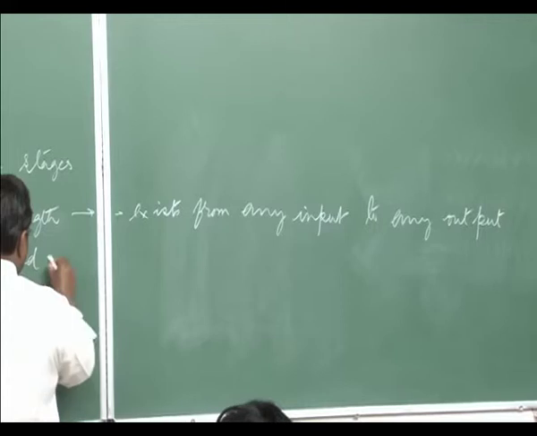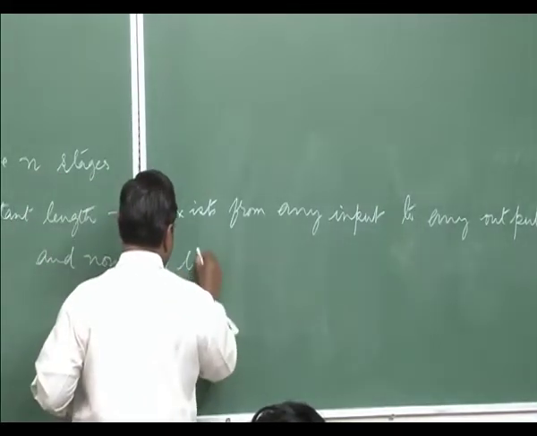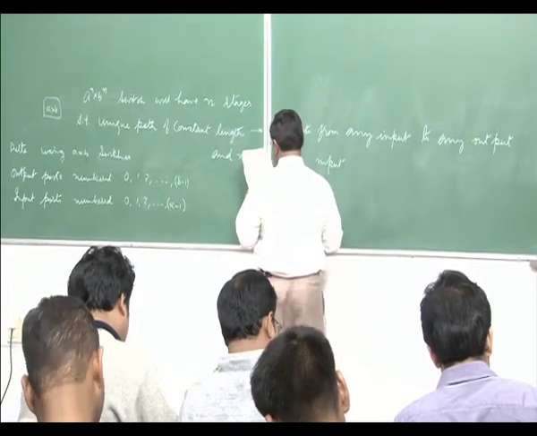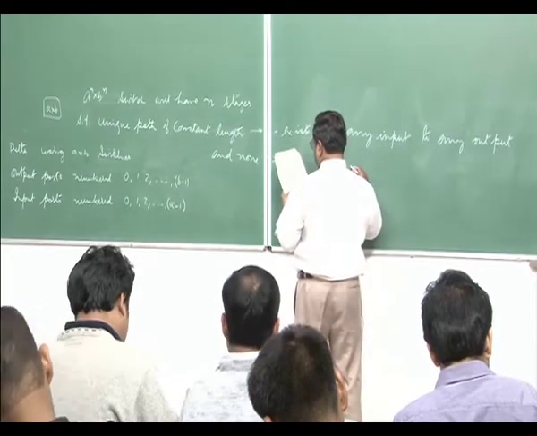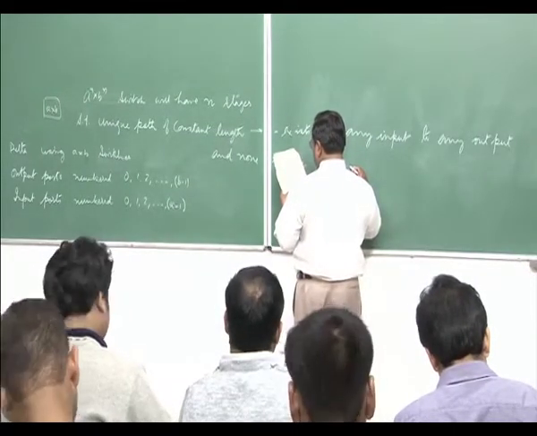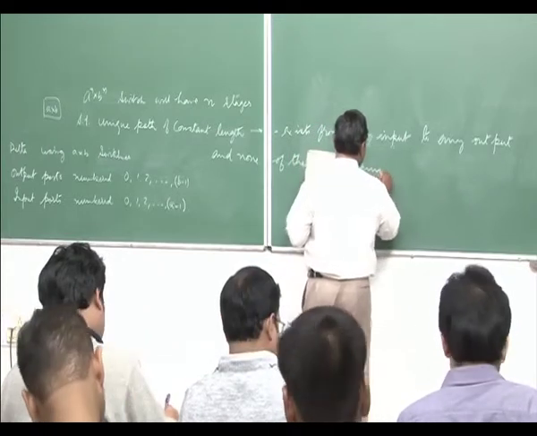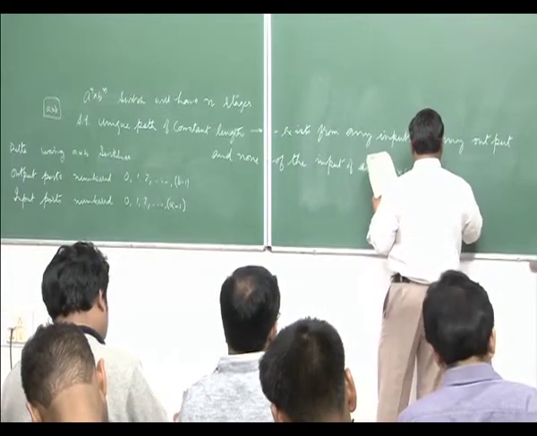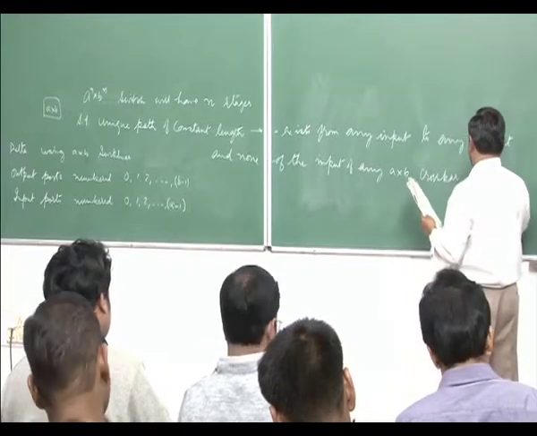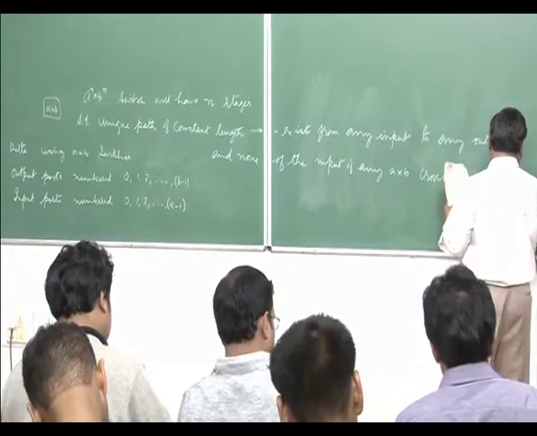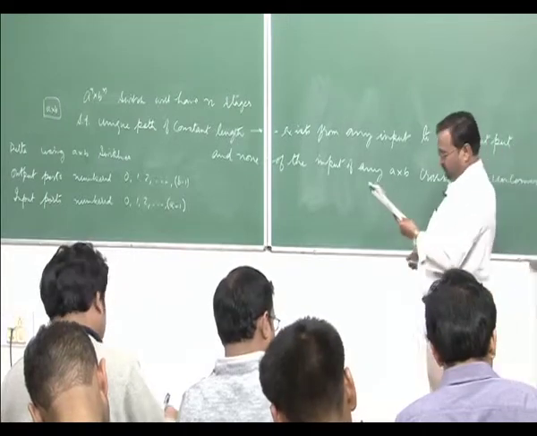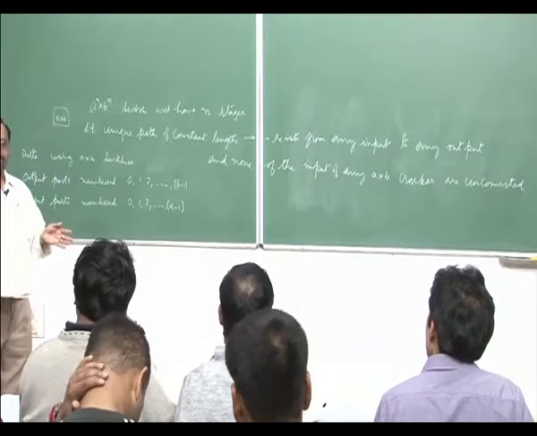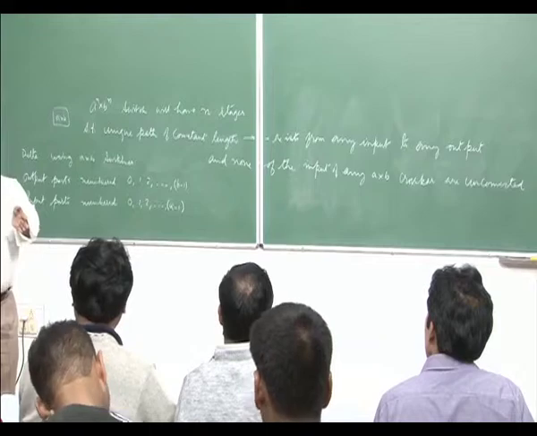And none of the inputs of any A by B switch, or I call it crossbar, are unconnected. So, this actually implies that from one stage, whatever is the number of outputs has to be equal to the number of inputs to the next stage.